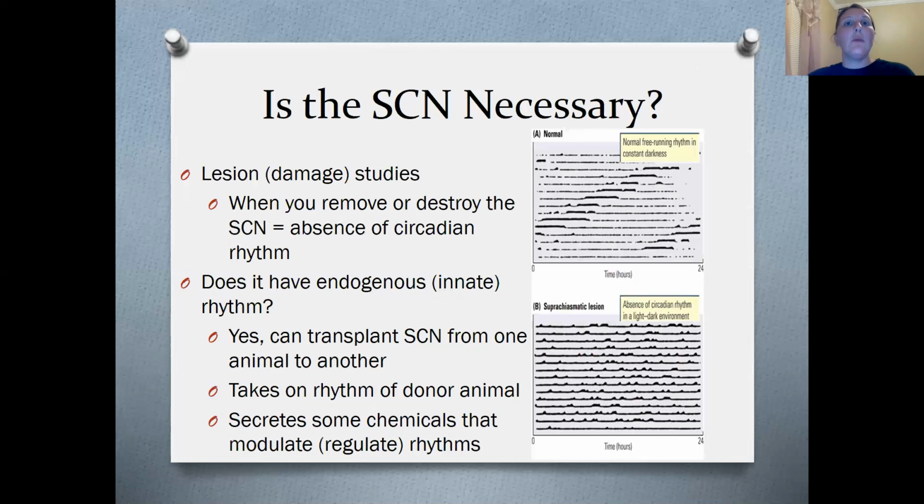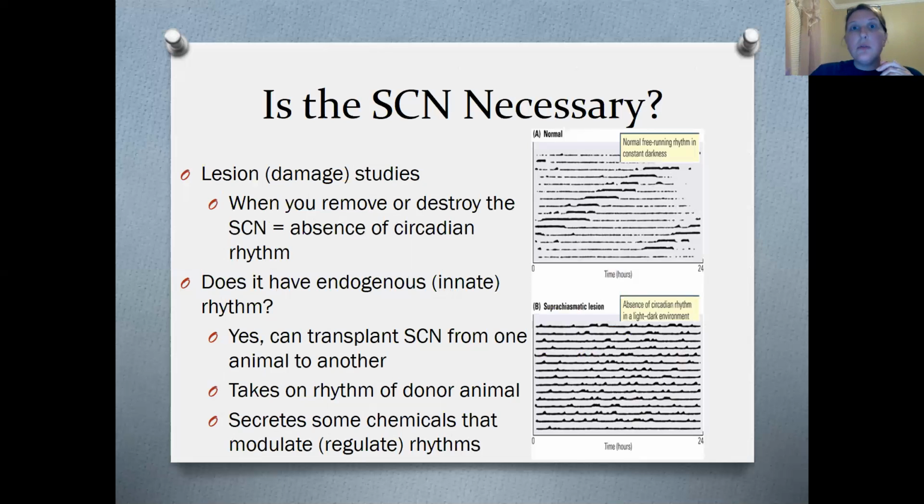Animal A is the donor animal, with a normal, healthy, functioning SCN. Animal B is the lesioned, damaged animal. You take the SCN from animal A, put it in animal B. Animal B will now run a completely normal circadian rhythm that was based off of animal A.